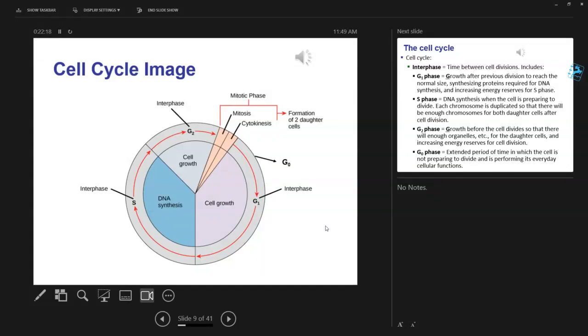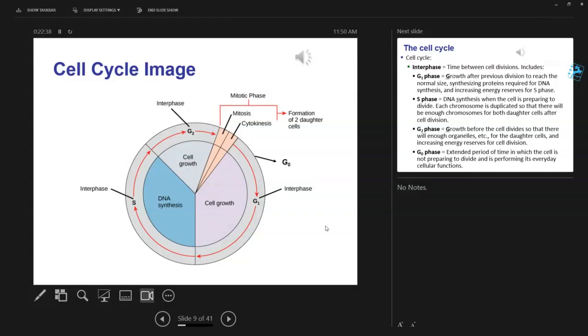It just lives on there for years. That's what's meant by the G0 phase. It's not growing, and it's not getting ready to divide. It's just living its life as a cell in your body in that G0 phase. So it could do this for a long time, years and years.